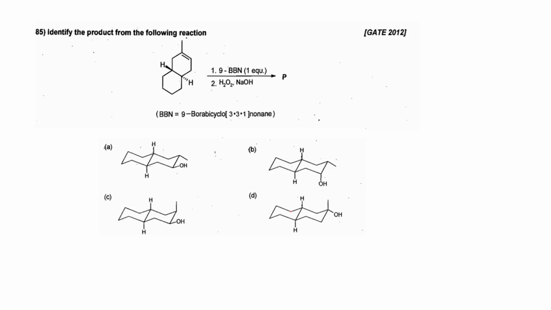Between these two sides, which one is more hindered? Obviously this part is more hindered. So the boron will be added to this position, whereas the H will be added to this position. Now this is a trans.